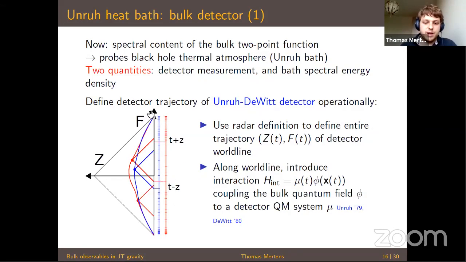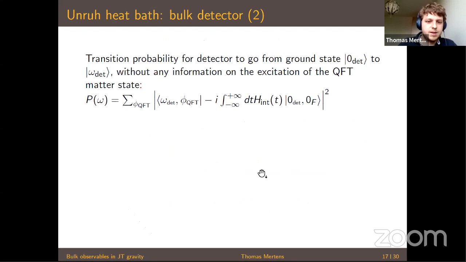And along this world line, I will introduce the typical interaction that Unruh and DeWitt considered, where I have a quantum mechanical degree of freedom that I call mu, and I couple it linearly to the bulk matter quantum field phi. So this is the definition of the Unruh DeWitt detector. And now I will compute the transition probability for this detector to go from its ground state to an excited state of energy small omega, without any information on the excitation of the QFT matter state.